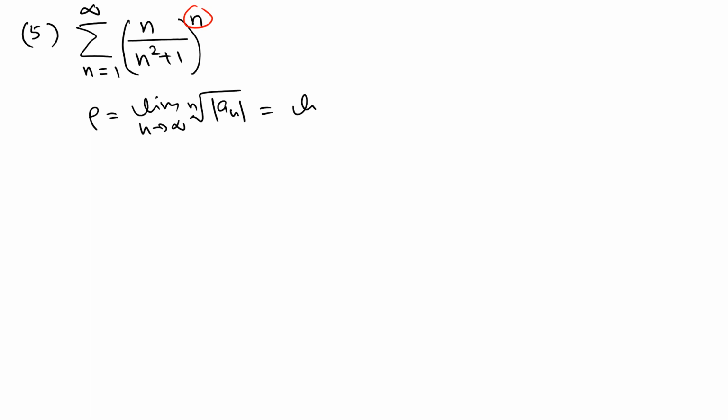So let's plug in here. It's the limit as n goes to infinity of n over n squared plus 1 to the nth power, whole thing to the power 1 over n, since the nth root means 1 over n. Now you can see these two get cancelled because you multiply the two powers.